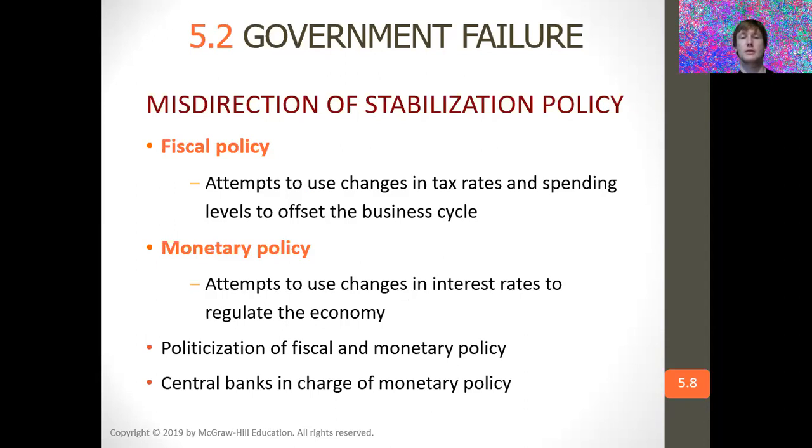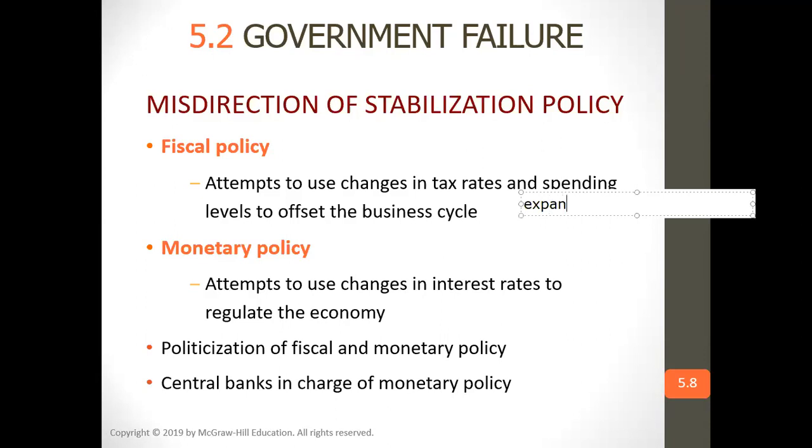So fiscal policy: there could be changes in tax rates and spending to change the business cycle. So spending more during recessions and cutting taxes during recessions to grow the economy. In expansions they would raise taxes and cut spending to reduce government debt.